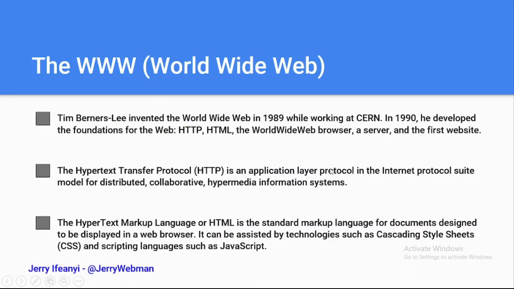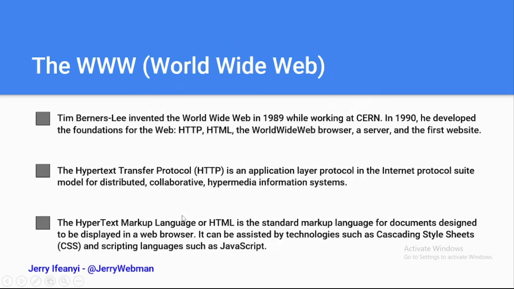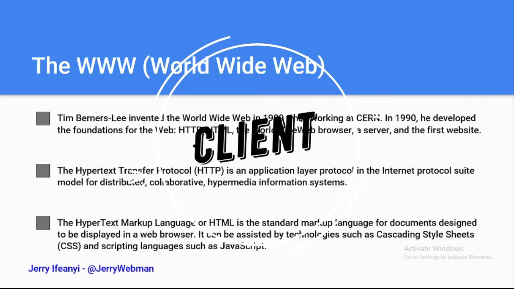It is the application layer of the internet that distributes all these websites we see. That means if you have finished your website, you carry the website and put it somewhere, they call that place where you put it a server. Then we who use our browser to access your website, they call us the client.